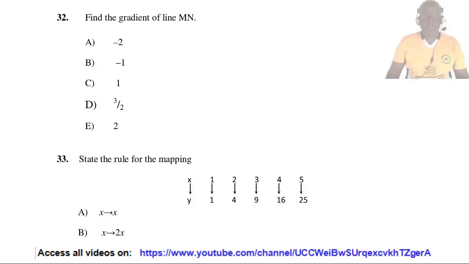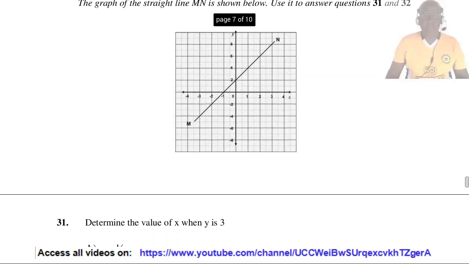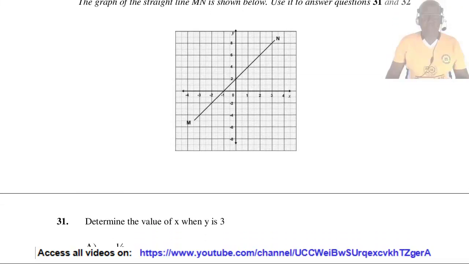We shall go back to the diagram. To find the gradient, we shall draw a horizontal line and then a vertical line, and call these points A and B. The gradient equals NB, that's the vertical distance, divided by the horizontal distance AB.